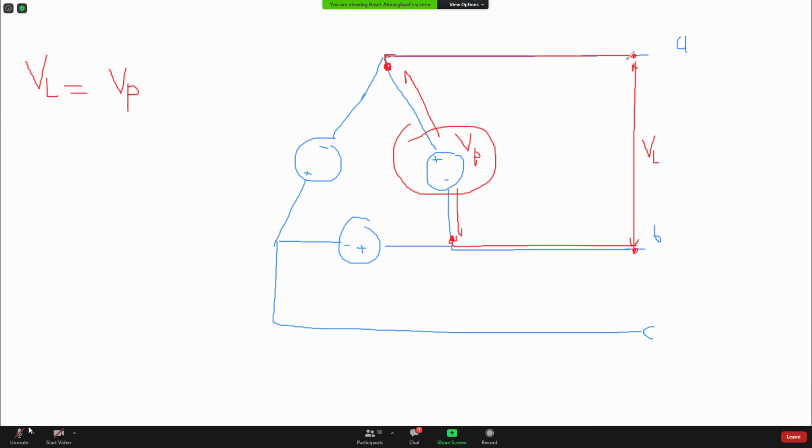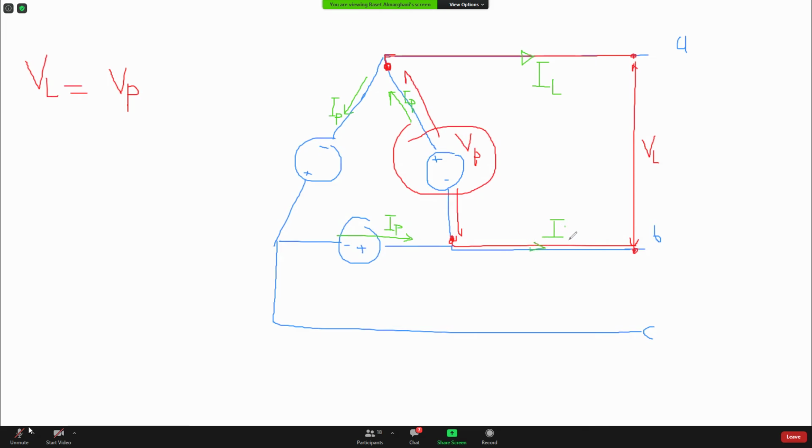But if we look at the current, it's not going to be the same. The phase current going here, I phase, inside the phase, is not equal to the I line. So there's phase current going here, inside the phase, and there's three line currents.